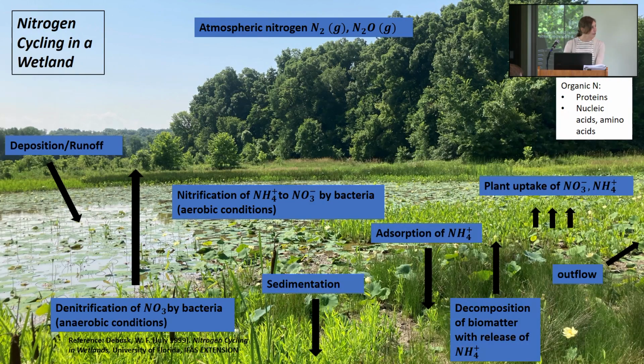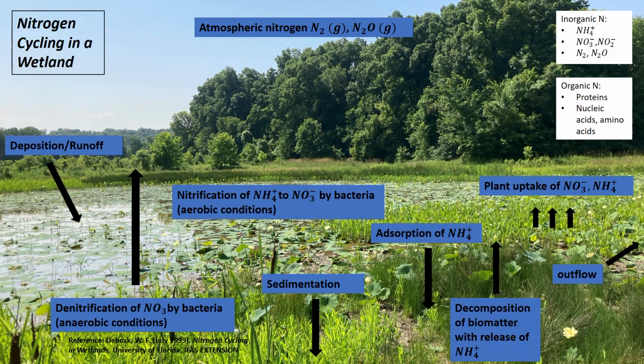So what can we do? Well, natural and constructed or man-made wetlands are a valuable mitigation resource to combat nutrient pollution because wetlands naturally serve to remove and recycle these nutrients. On this slide, I've depicted the nitrogen cycle within a wetland.